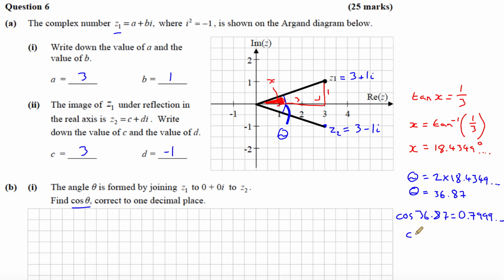But to one decimal place, that is 0.8. So that's our answer over here. The cos of theta is 0.8 to one decimal place, 1 dp. Okay, that's the end of part B1.